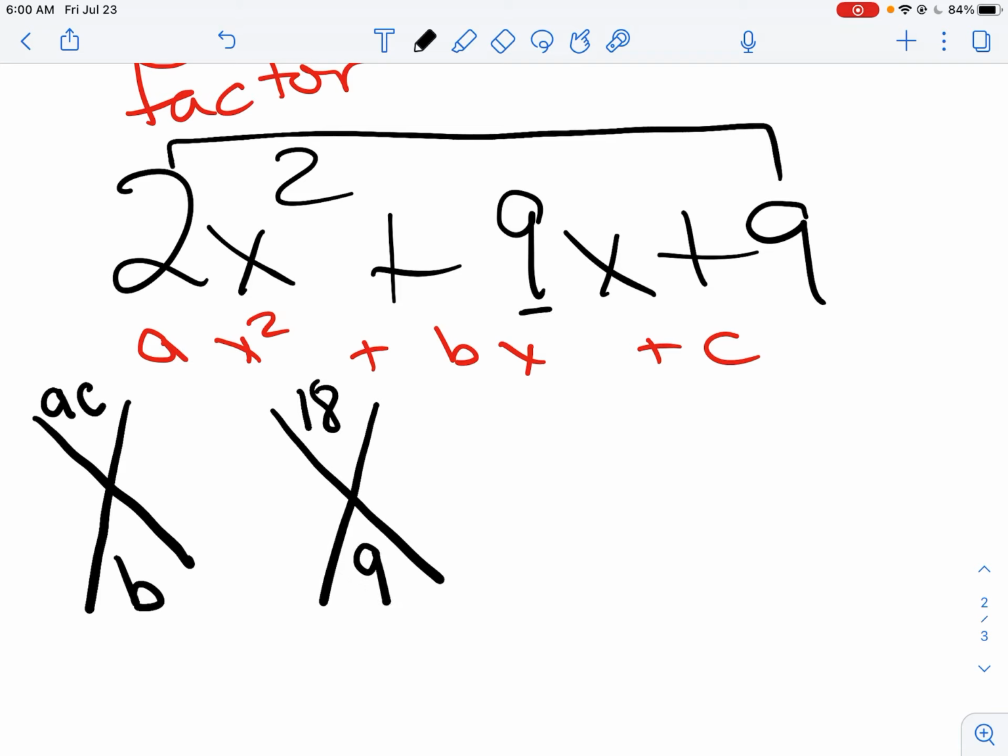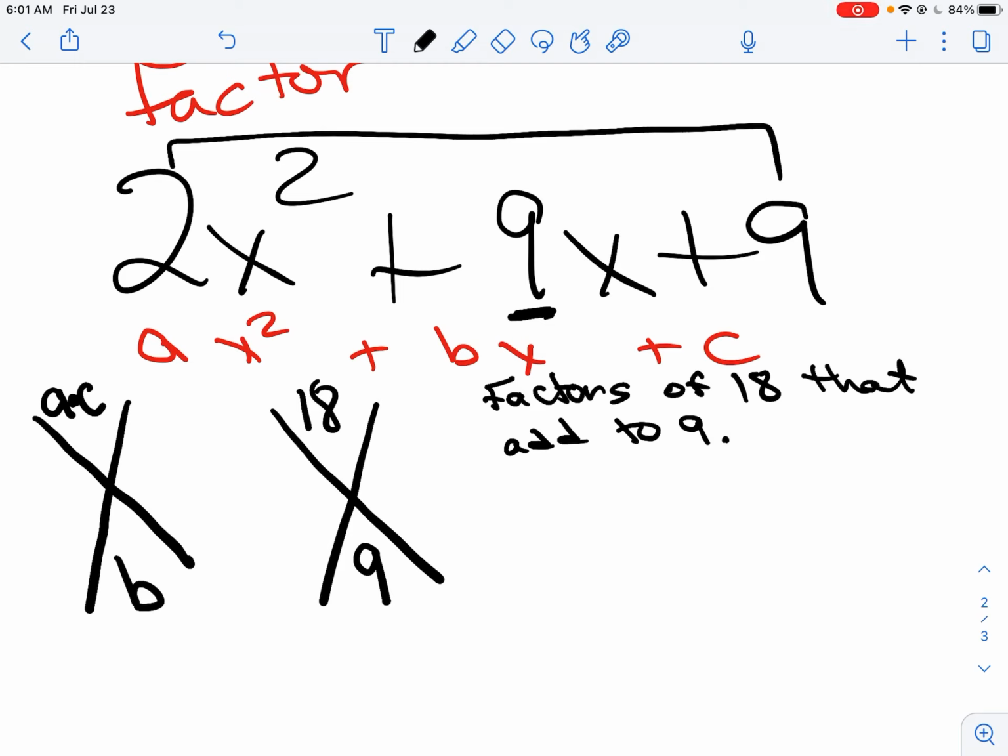B is what is in front of the x. Now, notice how I multiplied A and C together. So we have to figure out the factors of 18 that add to 9.